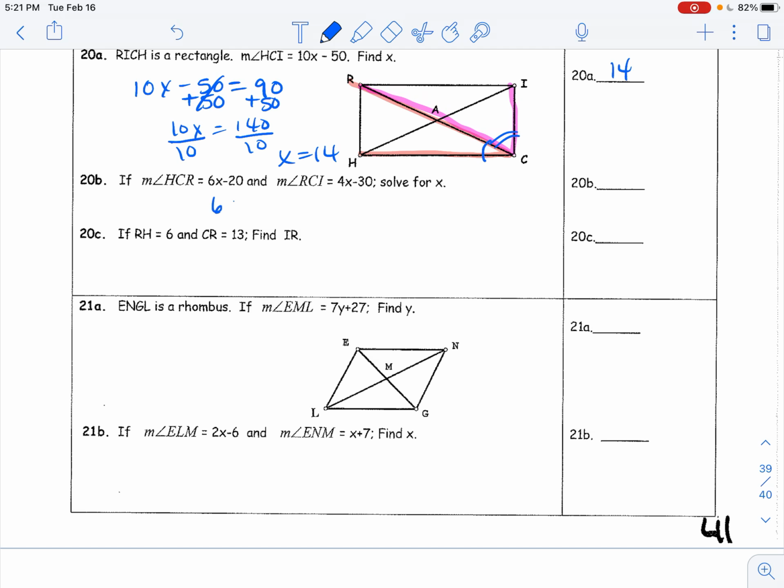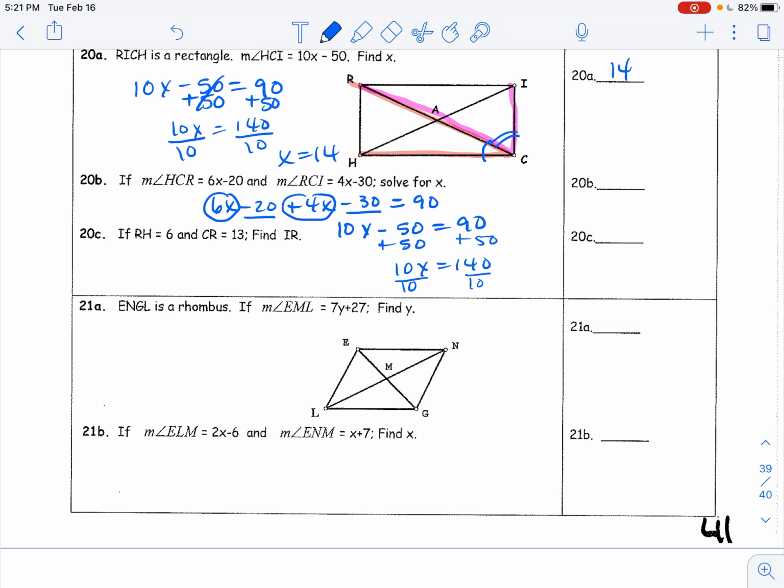Well, we know in a rectangle, the angles are right angles. So I just need to add these two together and equal to 90. Let's combine our like terms. So I have 6 x's and 4 more x's. That makes 10x. A minus 20 and a minus 30 make minus 50. Let's add 50 to both sides. 10x is equal to 140. And if I divide both sides by 10, hey, we're getting the same answer as before.